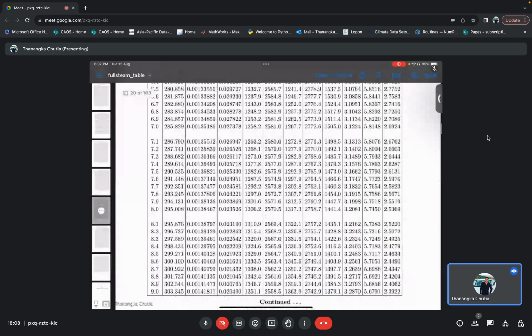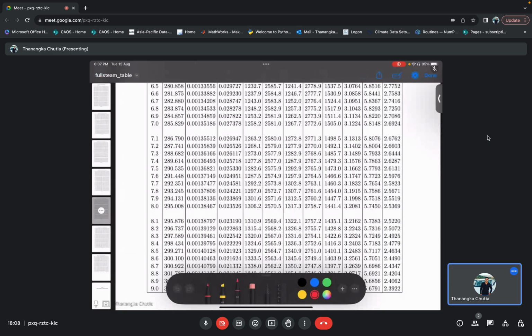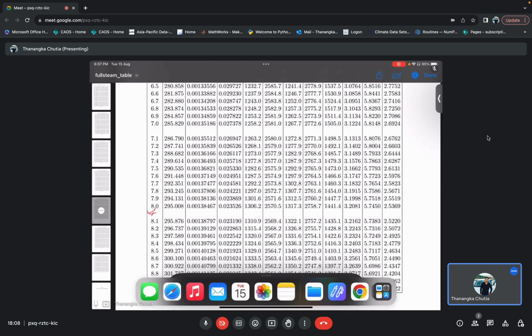Yes, you can see this is my 8 megapascal. Okay, and for 8 megapascal what I have is that my T saturation is 295 degrees Celsius. These values are my T saturation values.